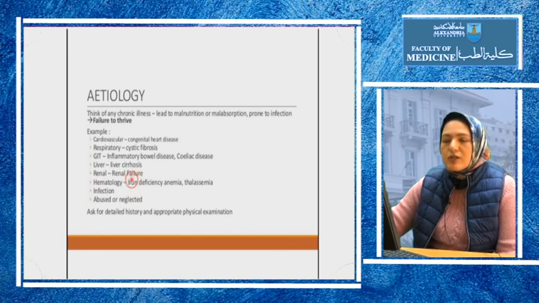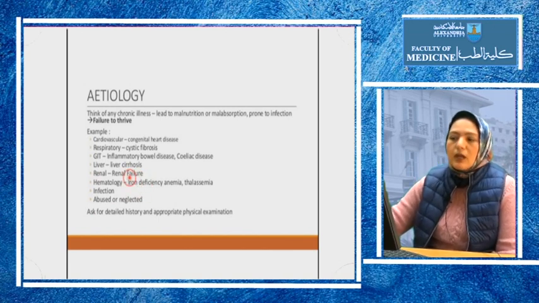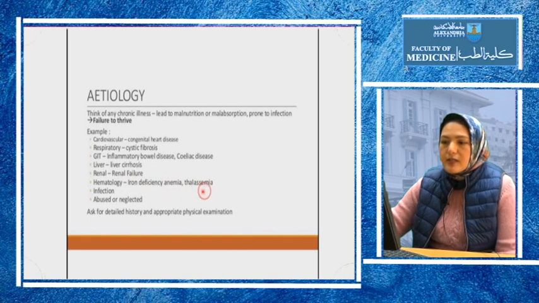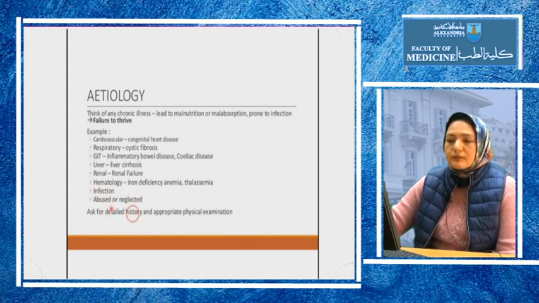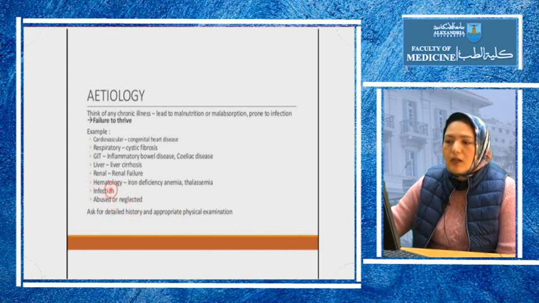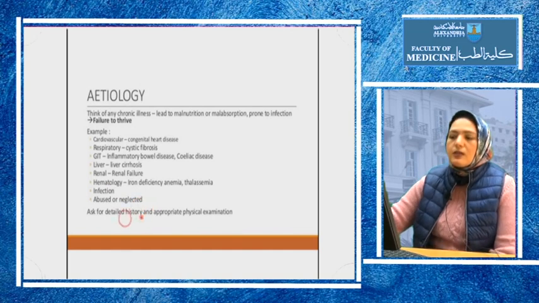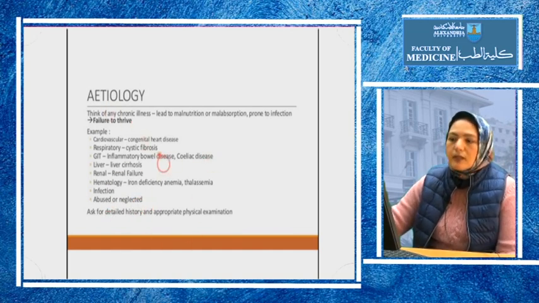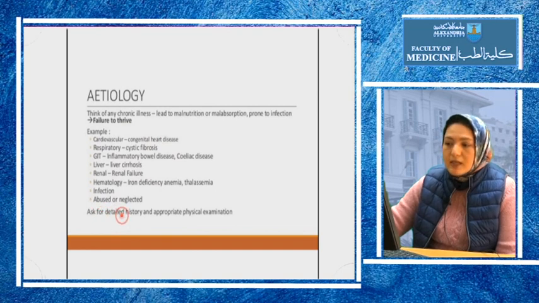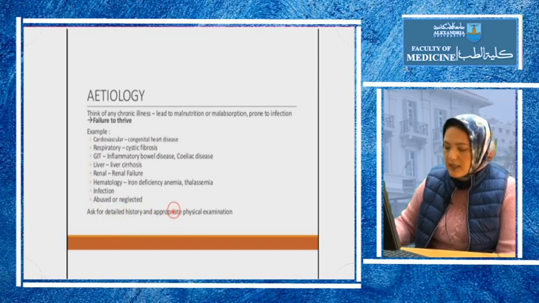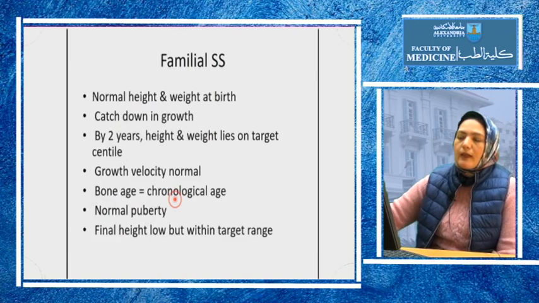You have to ask whether he is treated for iron deficiency anemia, thalassemia or other chronic hemolytic anemias, the presence of chronic infection, or abuse or neglect of the patient. So it's very important to search for these causes when you are confronted with a patient with short stature, by taking a detailed history and appropriate physical examination.